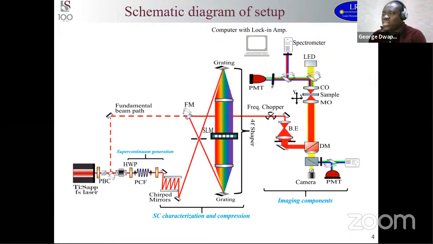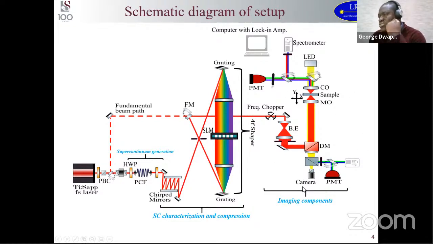So in a sense, we developed a setup which is somewhat similar to the one Ruwan talked about. But the setup we have is also in three phases. We have a supercontinuum generation path, then where we do the pulse characterization and compression, and then where we have our imaging.